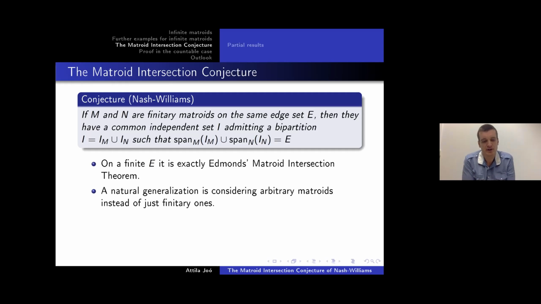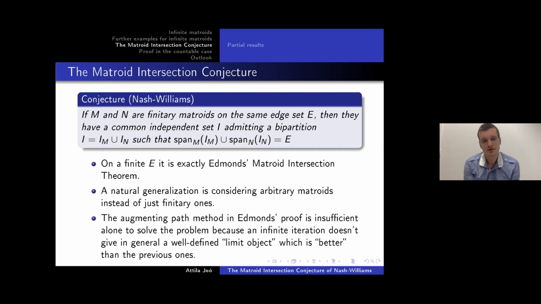Historically, Nash-Williams conjectured it for finitary matroids, so with the older infinite matroid concept. And there is a natural generalization simply replacing finitary matroids with arbitrary matroids. But it's wide open, so it seems very hard if true at all. For some very special subclasses of matroids there are positive results, but otherwise we do not know much about it.